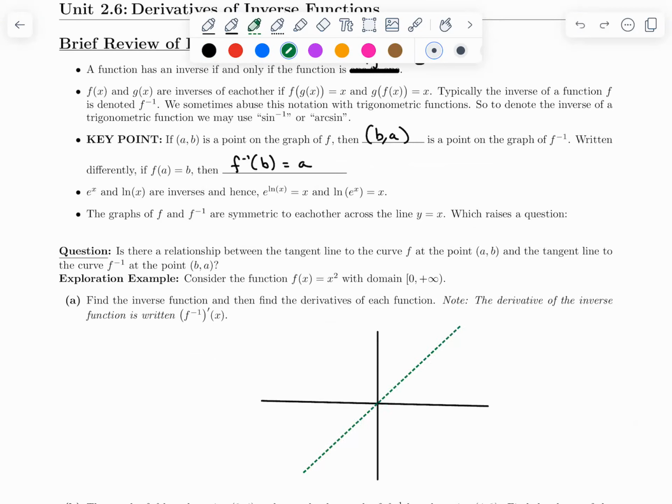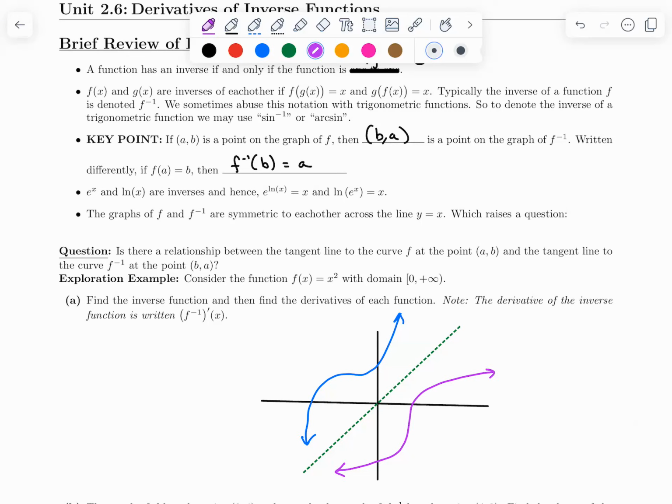And you'll see that if this blue line is your function, then your inverse function looks like this. So they don't share any common points.